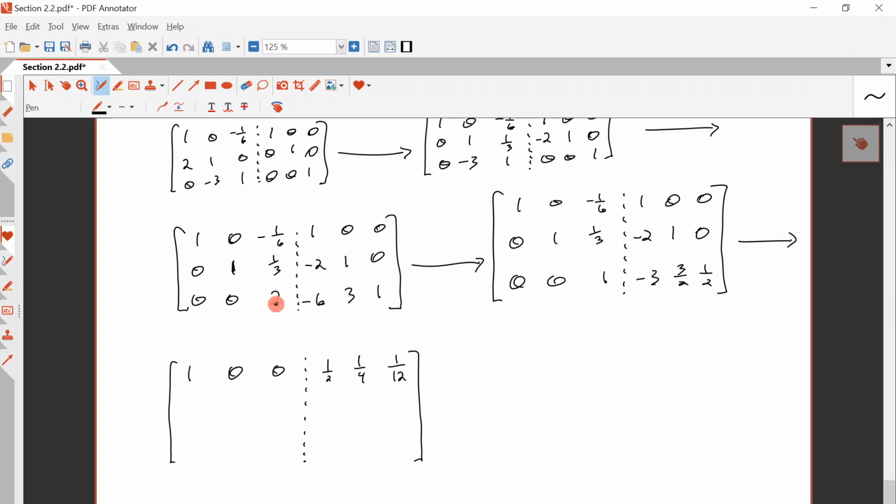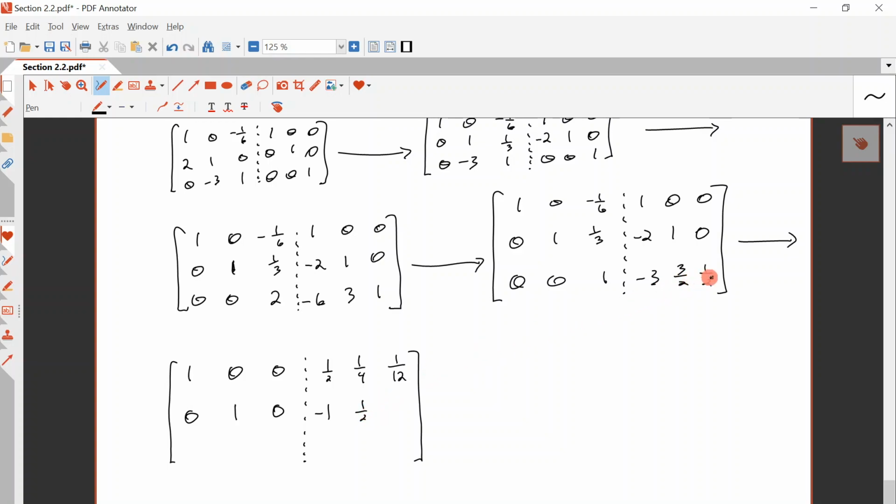This row, I'm going to multiply row 3 by 1/3 and subtract it from here. So 0, 1, 0. Multiply by 1/3, get -1. Subtract, I get -1. Multiply by 1/3, I get a half. Subtract, I get a half.